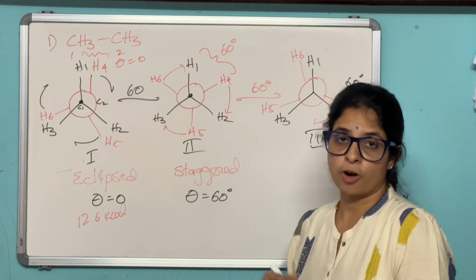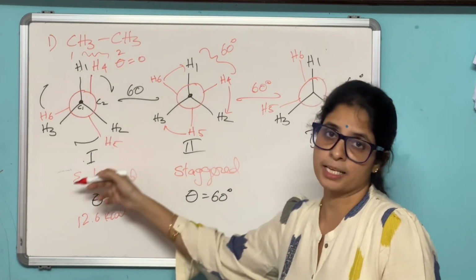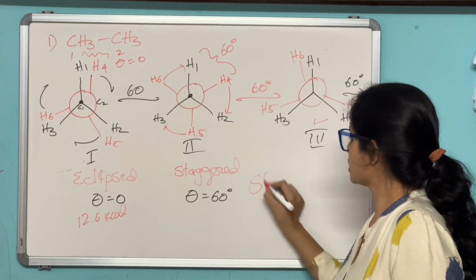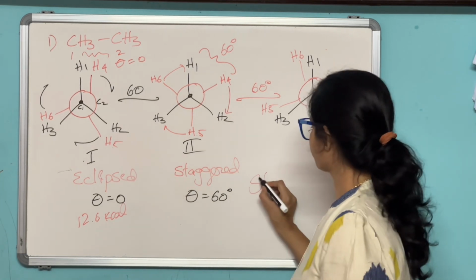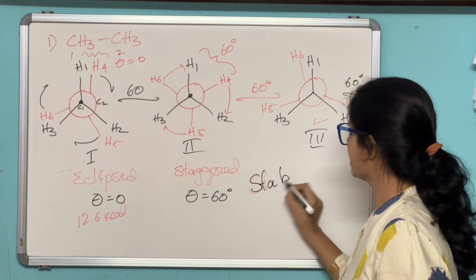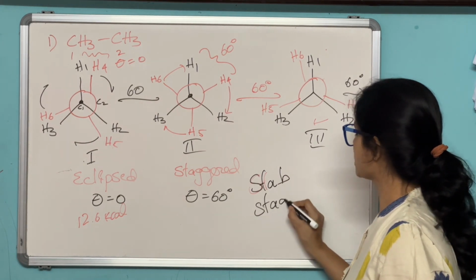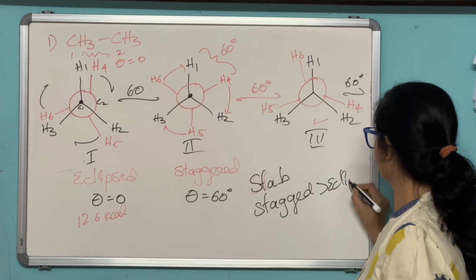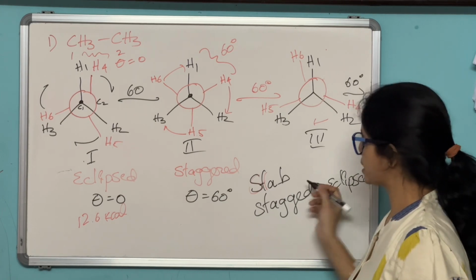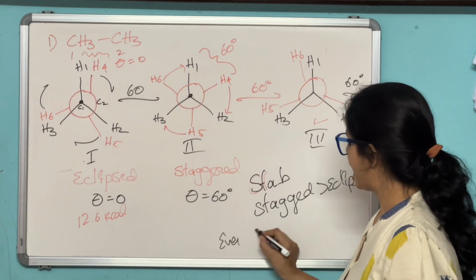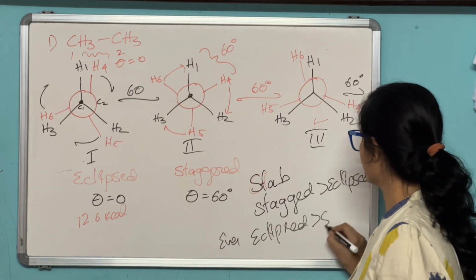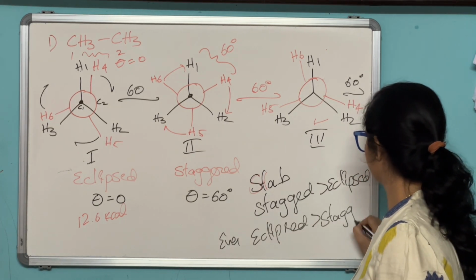As the energy is more, what about the stability? Coming to the stability, the staggered form is more stable than the eclipsed form. Coming to the energy, the eclipsed form energy is greater than the staggered form.